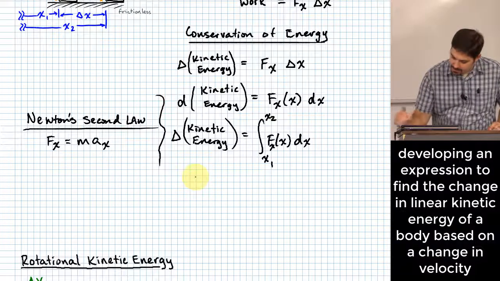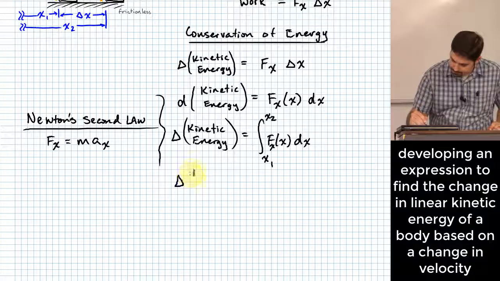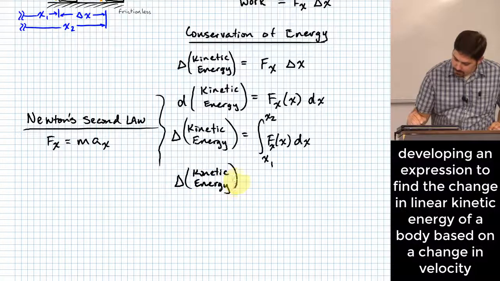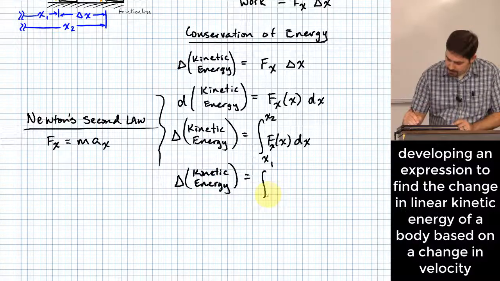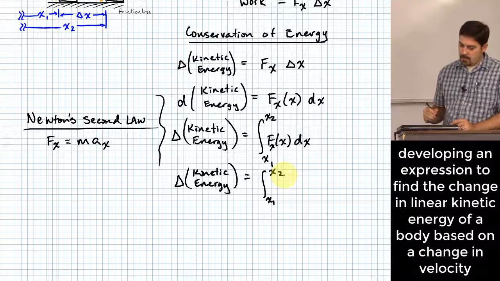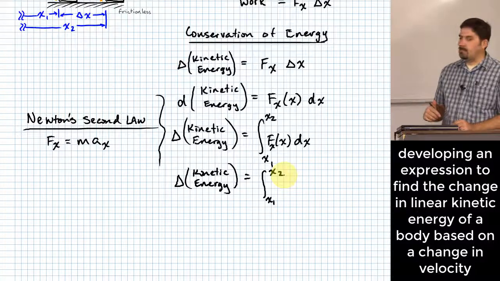I can say that my change in kinetic energy is just going to be equal to the integral from x1 to x2 of max, right? M times ax. M is constant, right?